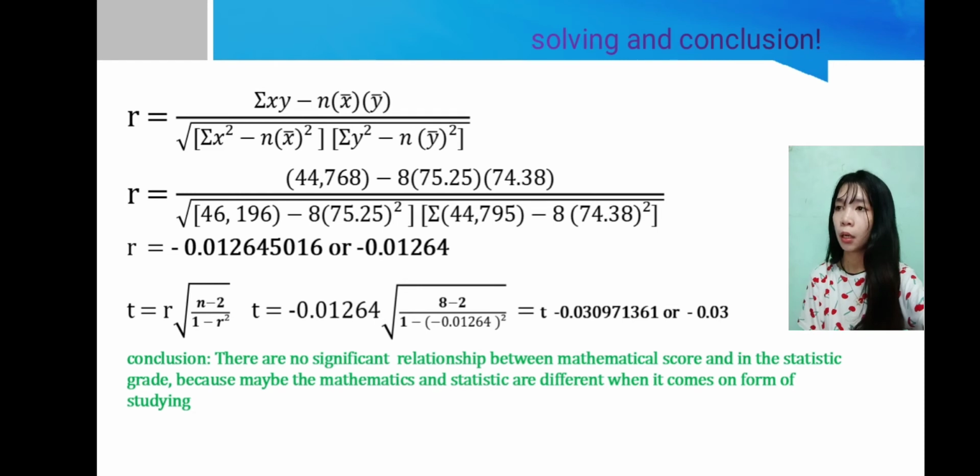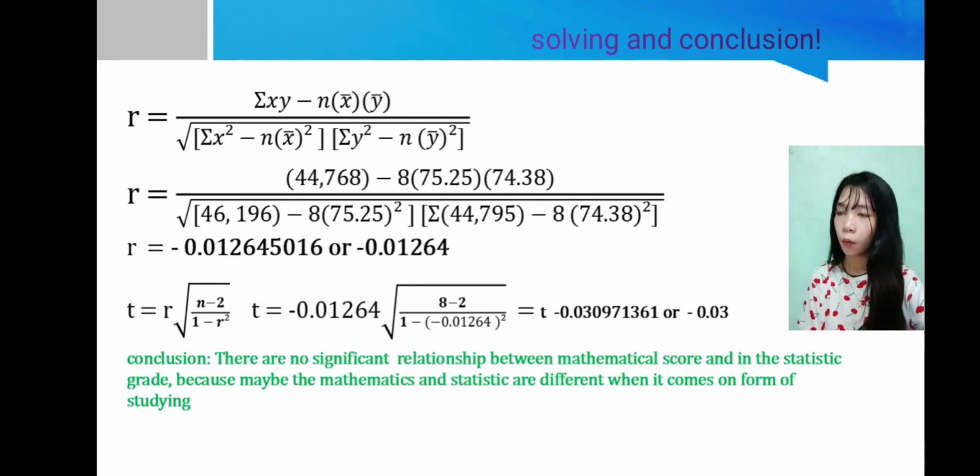The formula for R is R equals sum of xy minus n, mean of x, mean of y, over radical sign, sum of x squared minus n, mean of x raised to 2, sum of y squared minus n, mean of y raised to 2. Substitute the formula.